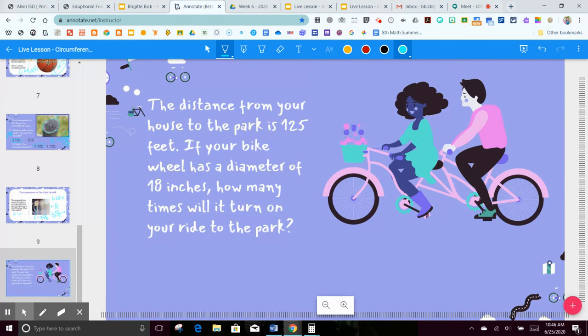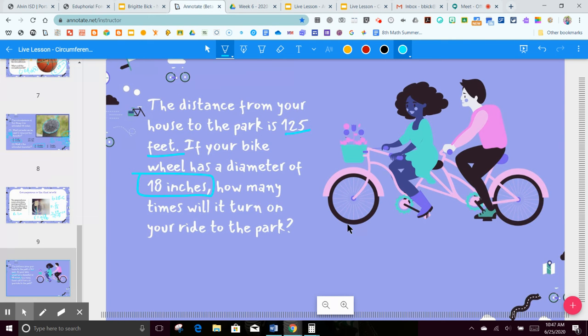Last example for circumference: the distance from your house to the park is 125 feet. If your bike wheel has a diameter of 18 inches, how many times will it turn on your ride to the park? So this is a little bit more complex. We're talking about her bike rotating and it hits the pavement, and the part that hits the pavement is the distance around the outside. So that's what makes it circumference.